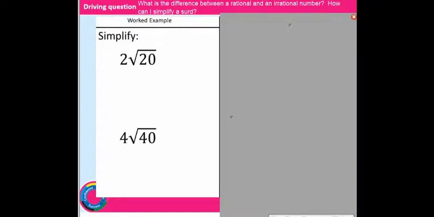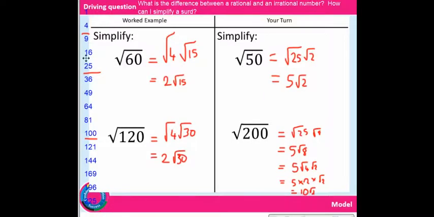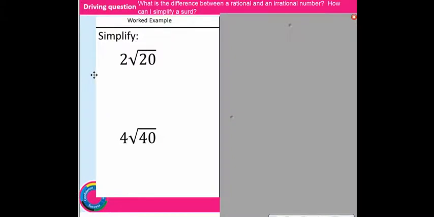Okay, let's try these ones. We have 2 root 20. Again, this list here is really helpful. If it helps, you can list them out every time. Hopefully you know them, but sometimes it's helpful to have them written there. So 2 root 20 is the same as 2, and the square number that goes into 20 is 4.